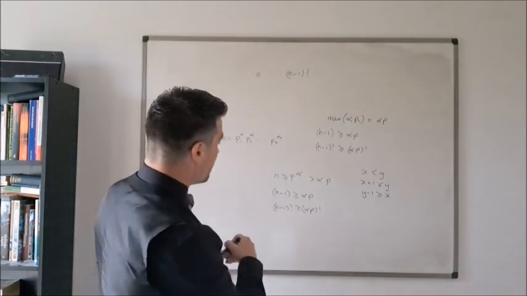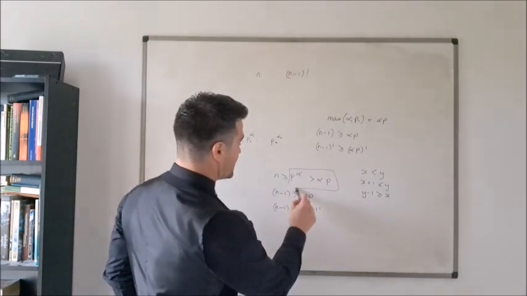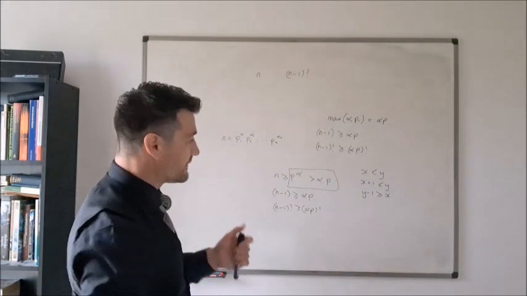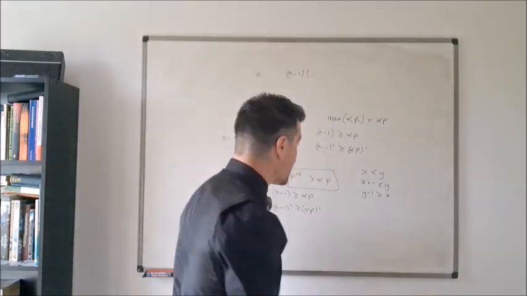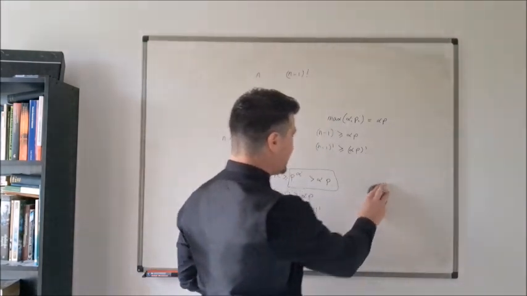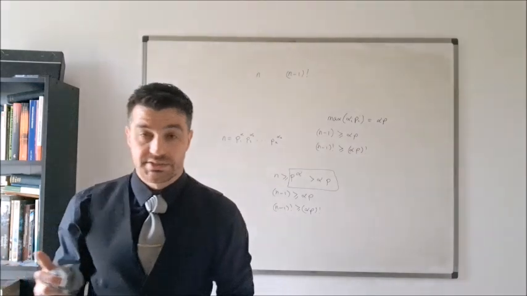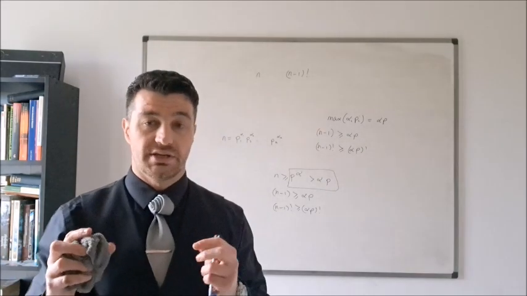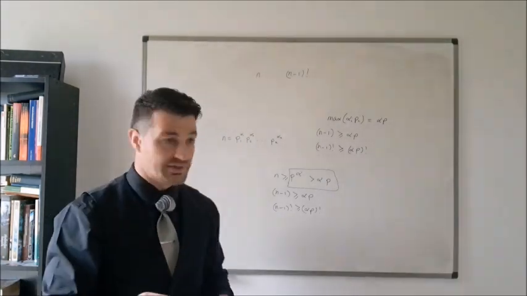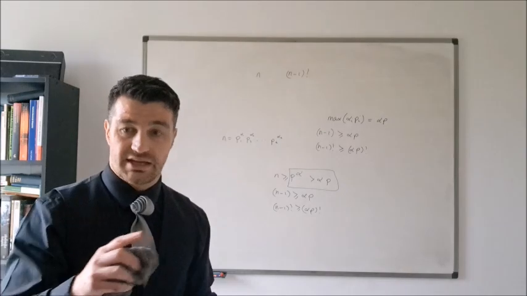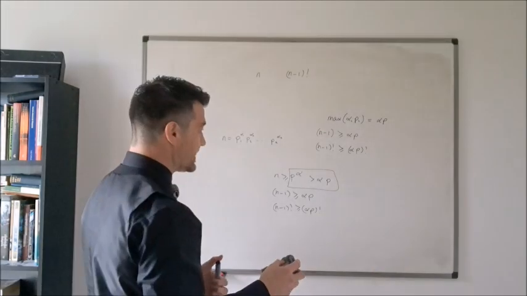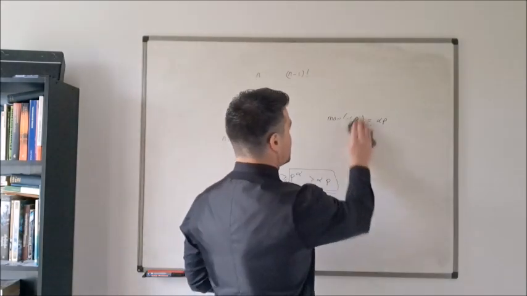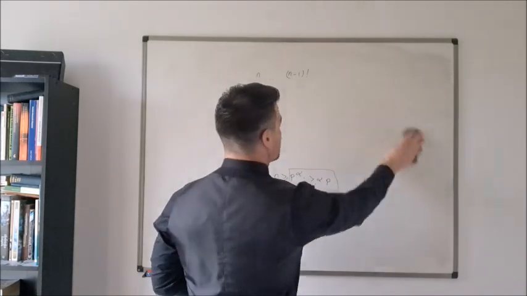Okay, so what we want to prove then is this inequality here, that p to the power of alpha is greater than alpha times p. We're going to do this by induction, okay? So if you're not familiar with proof by induction, have a little read around proof by induction. It's not terribly involved what I'm going to be doing here, but let's have a look at how it's going to work out.